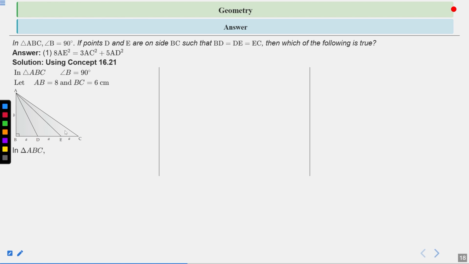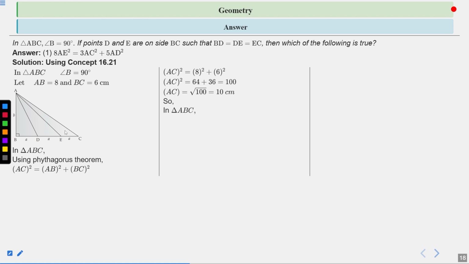So in triangle ABC, using the Pythagoras theorem, AC square will become AB square plus BC square. So we get AC square equals 8 square plus 6 square, which is 64 plus 36, which is 100. Now we can say that AC will become under root 100, 10 centimeters.